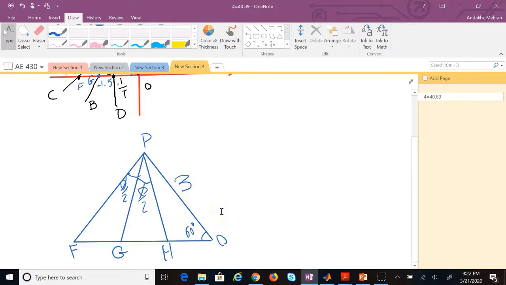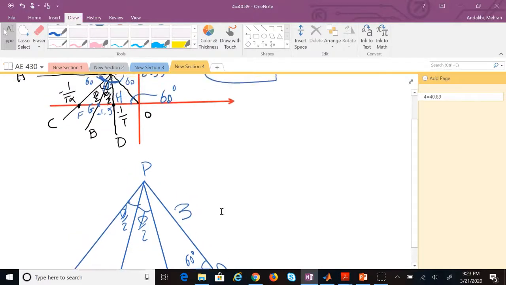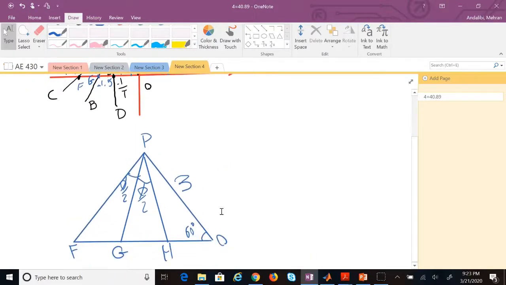So that is 3, and I also exactly know how high P is and what is the horizontal position of P with respect to O. So I know everything. Now, can I find any other length?